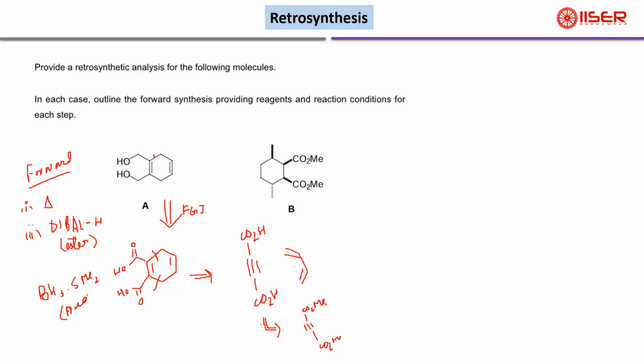So based on our preference we can start, or based on the availability of the starting material, whichever we have in our laboratory, we can do it that way. If you have the acid one, we can start from acid with butadiene, we will get this compound and reduce by BH3·SMe2. If you start from ester, we will get the Diels-Alder compound, and we can reduce the ester group by using DIBAL.